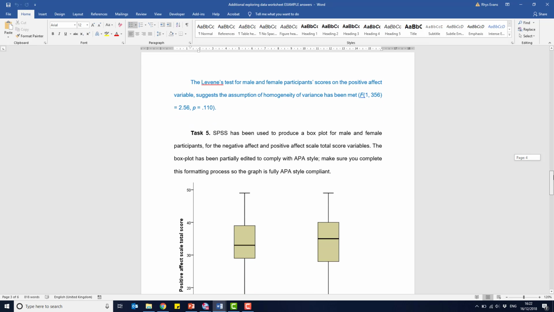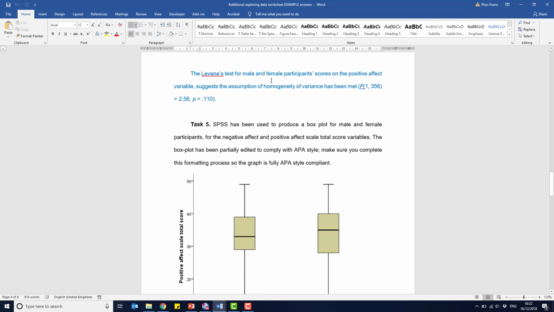In terms of reporting the Levene's test, what we've decided was that we hadn't violated the assumption of homogeneity of variance, so we can say that assumption was met. That's the sort of language we tend to use. And this is only for the positive effect variable, so you'd need to look at the negative effect as well. The Levene's test is actually denoted by an F because it's a type of F ratio, and that's something you'll come across a lot more when we look at ANOVA.